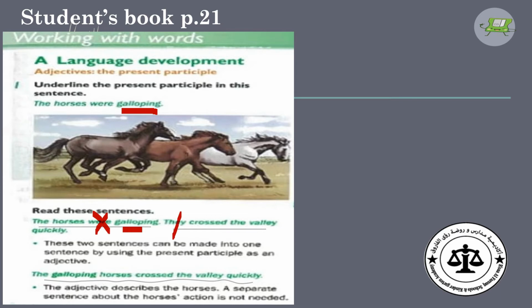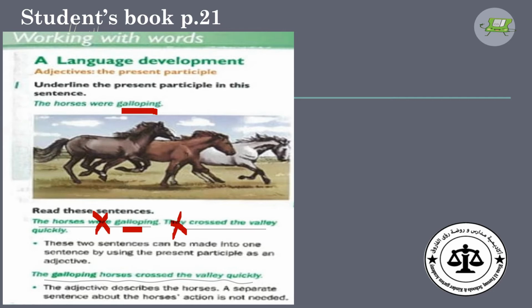Then we delete the second subject to combine it with the first sentence. So, the galloping horses crossed the valley quickly.